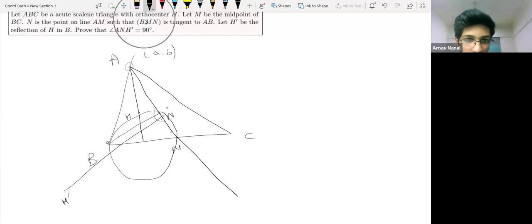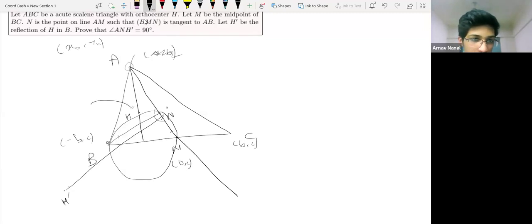Let's take this as x naught comma y naught, minus b comma c, b comma c. So M becomes 0 comma c. That's why M gets good coordinates. Also H you can directly add things up, so H becomes x naught comma y naught plus 2c.